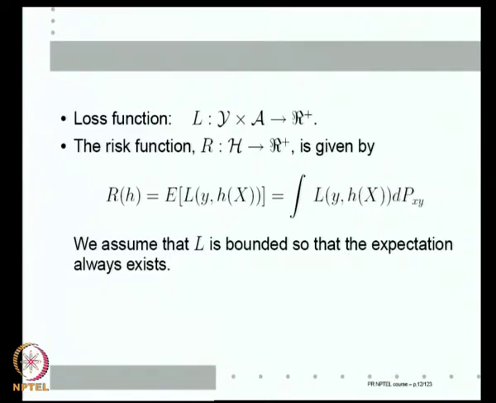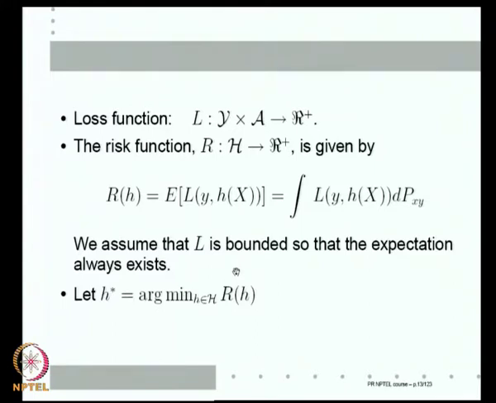Our samples are drawn with respect to some distribution p x y, and I know how the loss is actually calculated, and ultimately I am evaluating each classifier by taking expectation with respect to the same distribution with which examples are drawn. So, risk of h, risk is expectation of loss, where expectation is with respect to p x y.